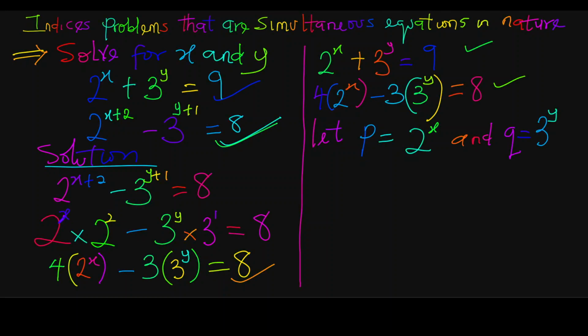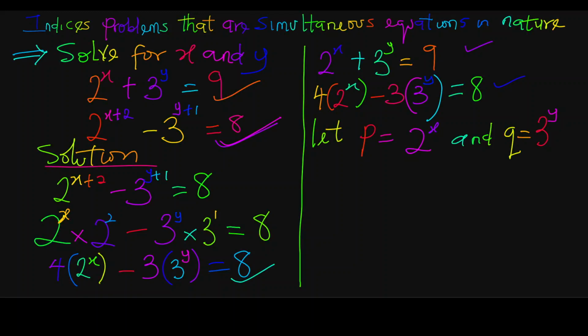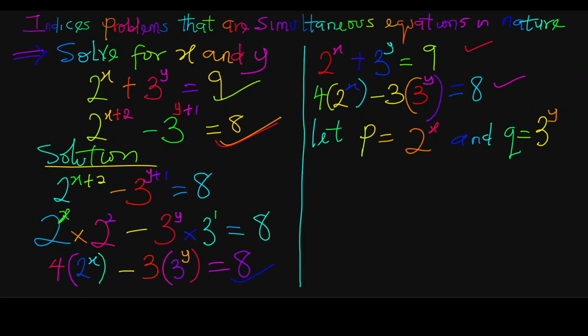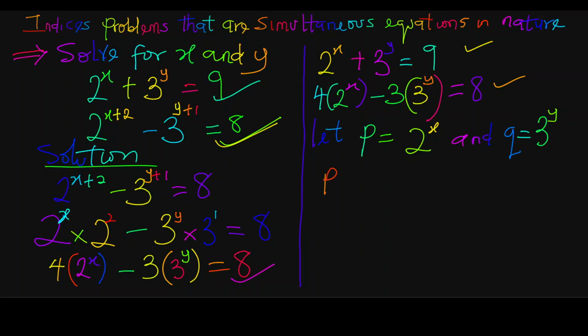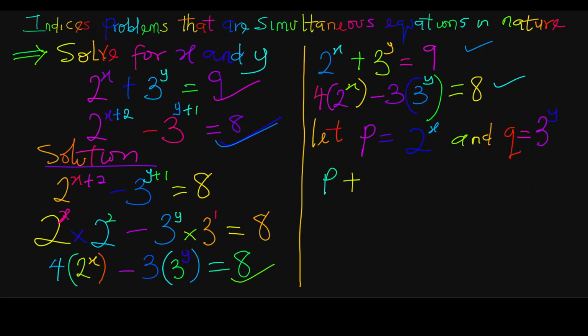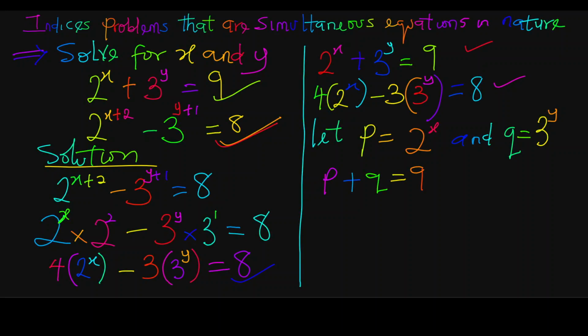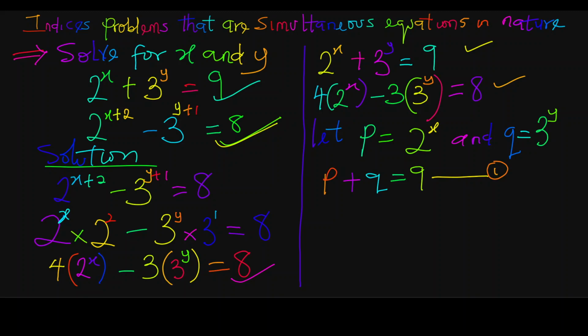Now let's substitute into the first equation. We have p, because 2 raised to the power of x is p, plus 3 raised to the power of y, which is q, equal to 9. Let me call this equation 1.